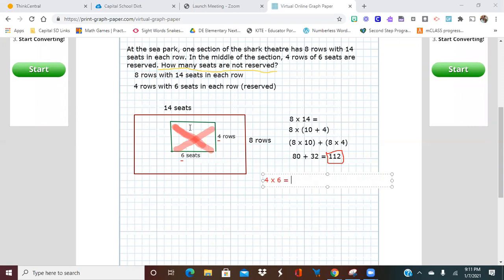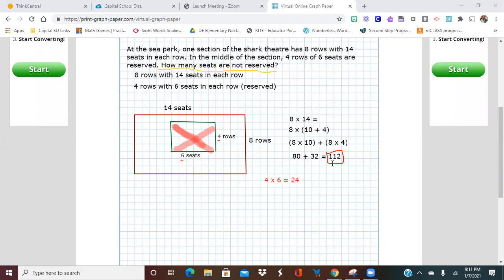And that's a number that is reserved that I can't use. 4 rows and 6 in each row. Boys and girls, what's 4 times 6? It's 24. So that tells me I have a total of 24 seats that I can't use.